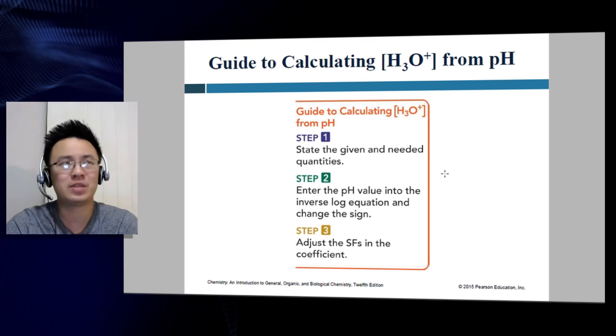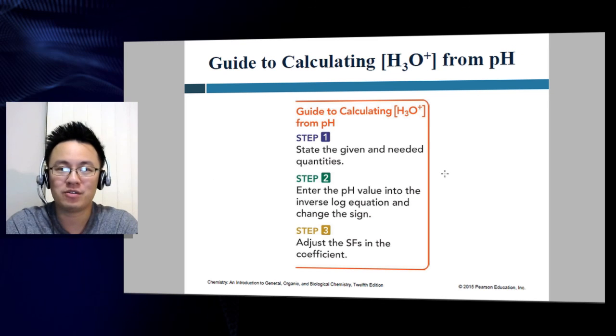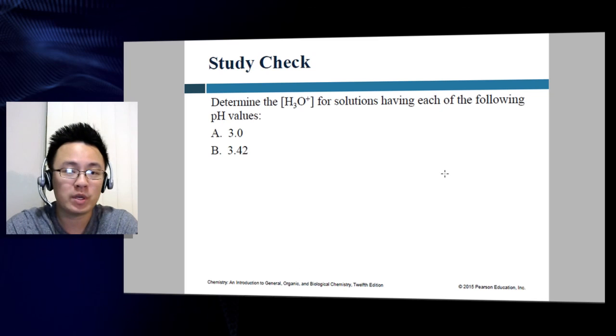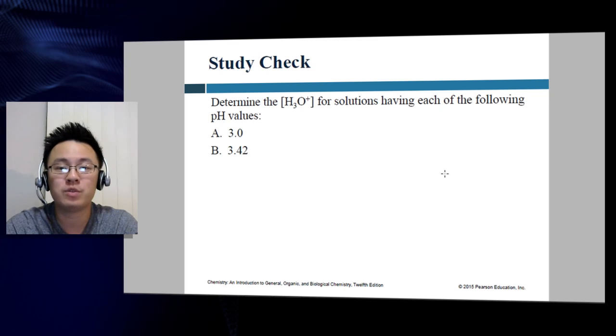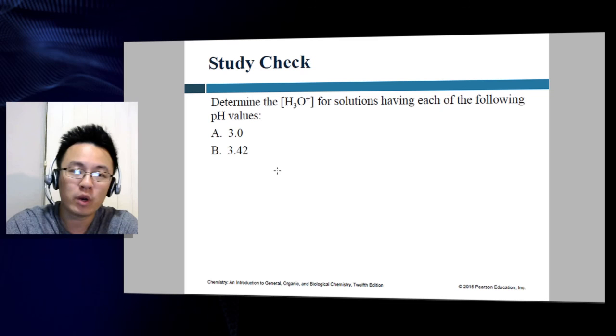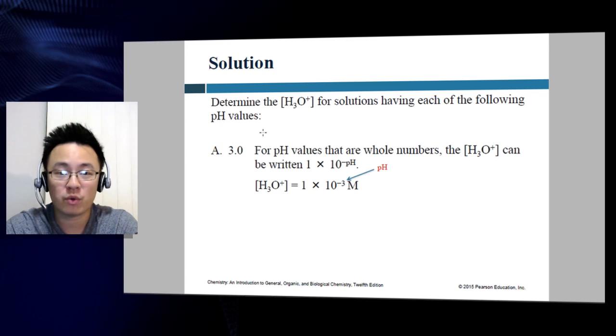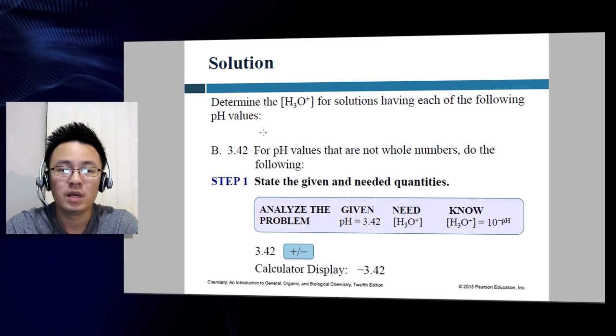Here are the 3 steps to calculating the hydrogen ion concentration from the pH. If we were to determine the hydrogen ion concentration of a solution for each of the following, we're going to take a look at part B here, 3.42. Step one, we need to state the given quantities. We know that the pH here is 3.42. We need the hydrogen ion concentration.